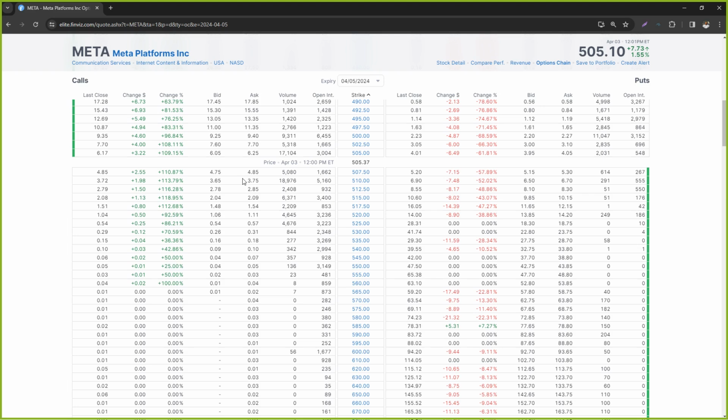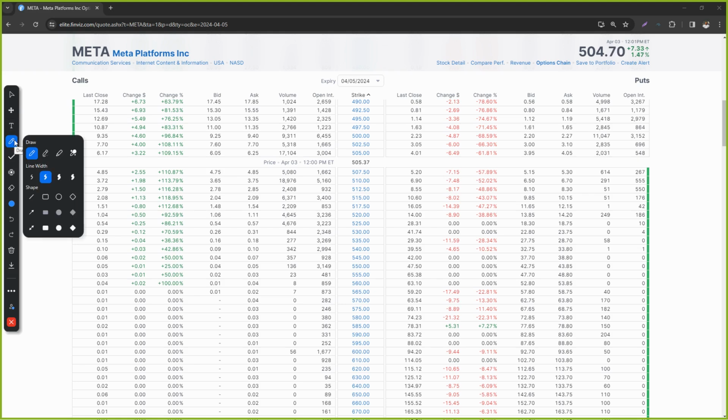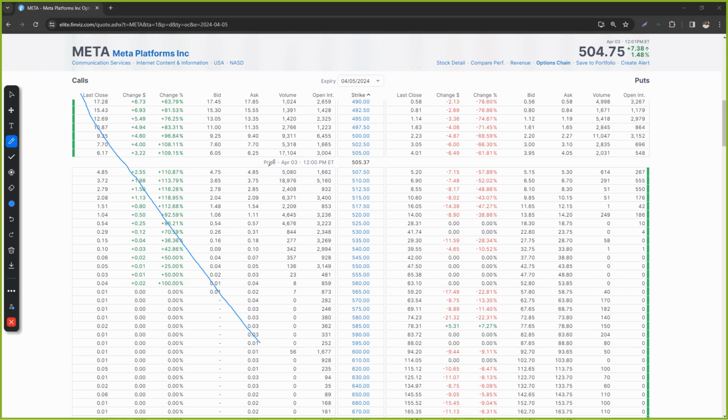And again, we're not looking at the strike price, the percent change on the bid ask. None of that stuff matters, because we're not trading options.